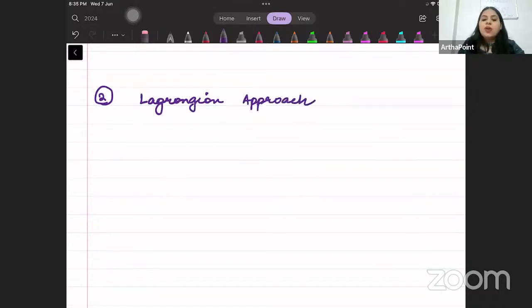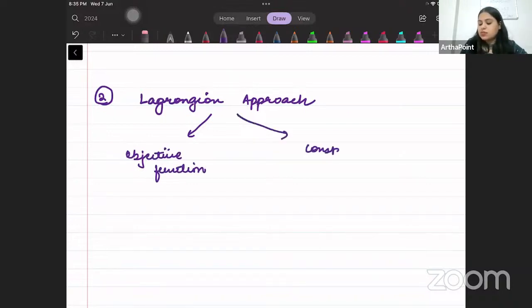Now, whenever we talk about the Lagrange method, you have the main objective function and you have a constraint. Lagrange can only be applied if you have strict, well-defined preferences.